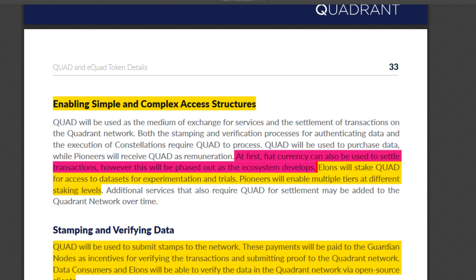Once they create something, pioneers will be able to enable multi-tiers at different staking levels. So what it's saying there is if you're an Elon and you're wanting to build a new mega constellation, you might want some of a pioneer's data or a data vendor's data, or you may want all of it, and they'll have pricing structures set up where if you want to buy one data set, it's cheaper than if you're buying all their data sets.